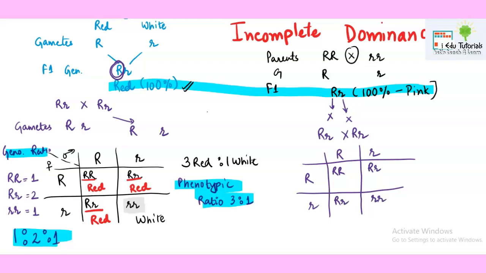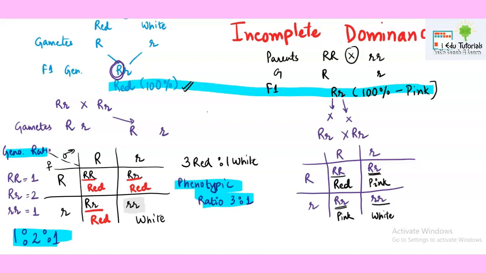Now see here, there are two dominant alleles, so the expression here would be red. In the case of heterozygous, because recessive and dominant are present together, in incomplete dominance the expression will be pink. Here also the same concept will be applied, pink, and here it would be white because it is homozygous recessive.